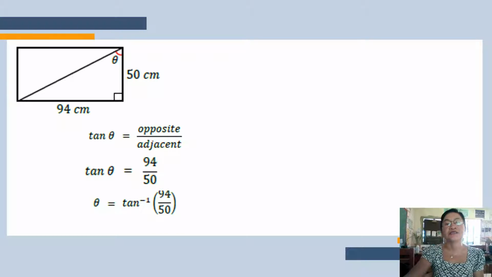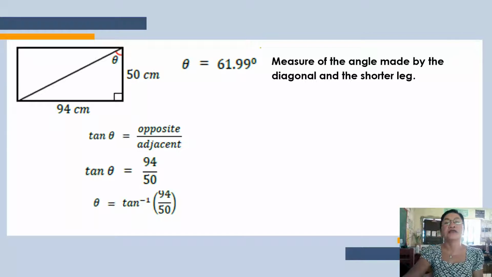Then, using your scientific calculator, you can solve for the angle. It is 61.99 degrees. So this is the measure of the angle made by the diagonal and the shorter leg of the triangle.